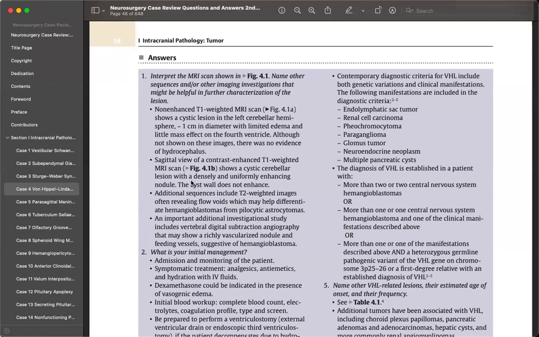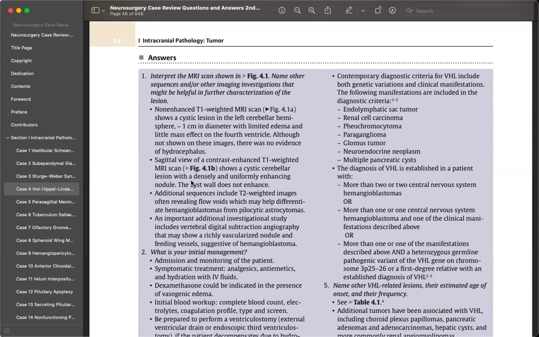So even if the patient does not have a CNS tumor, we can diagnose von Hippel-Lindau disease if the patient has either an endolymphatic sac tumor, renal cell carcinoma, pheochromocytoma, paraganglioma, a glomus tumor, a neuroendocrine neoplasm, or multiple pancreatic cysts.